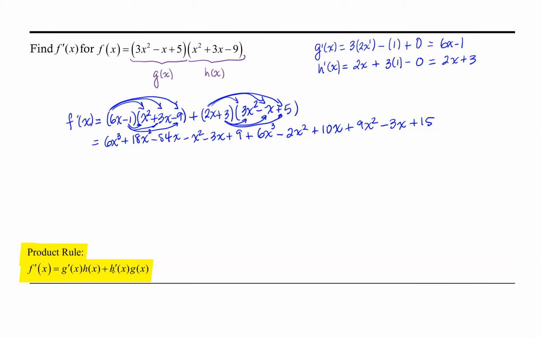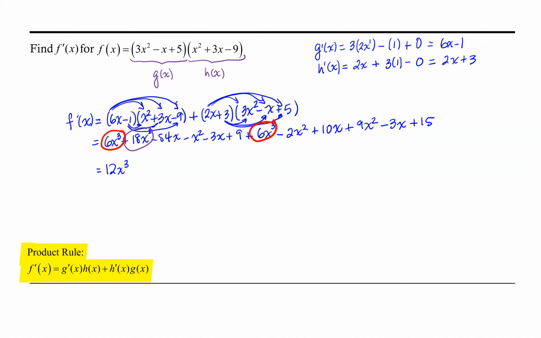Now at this point, we need to start collecting up like terms. So I've got a positive 6x cubed, another positive 6x cubed, and those are the only x cubed terms. So we end up with 12x cubed. Now we move on to our x squared terms.